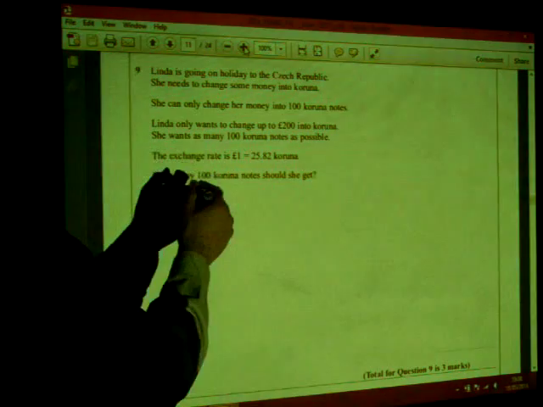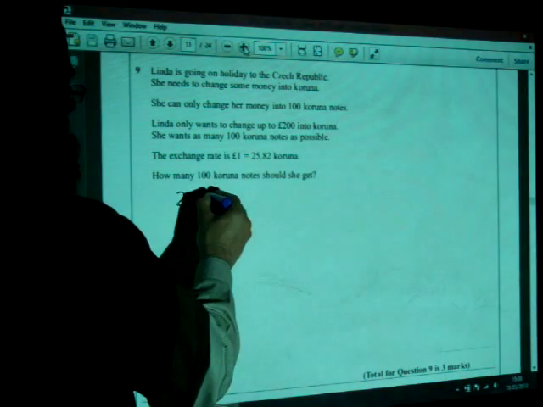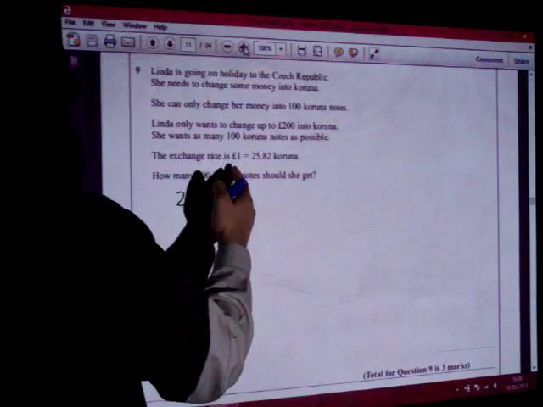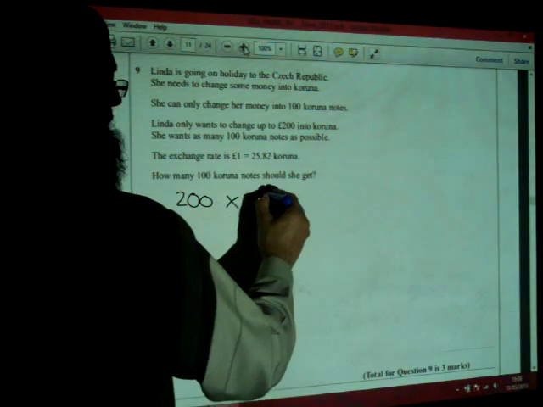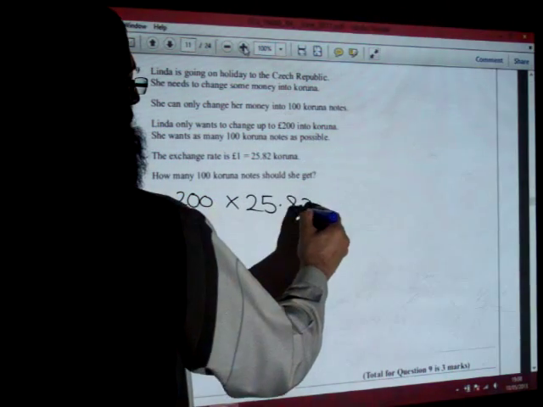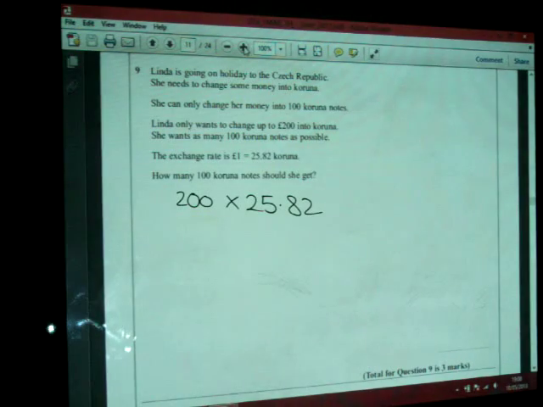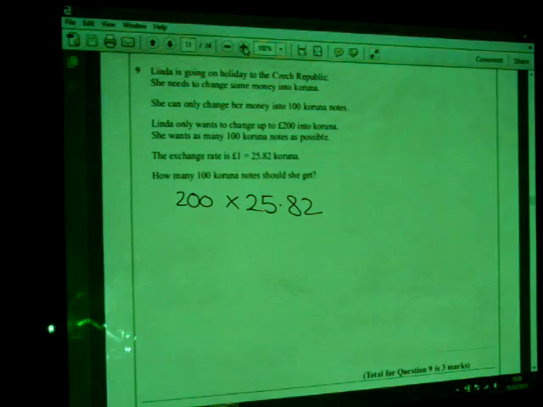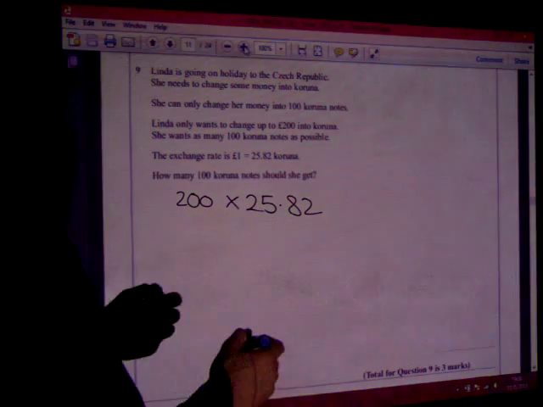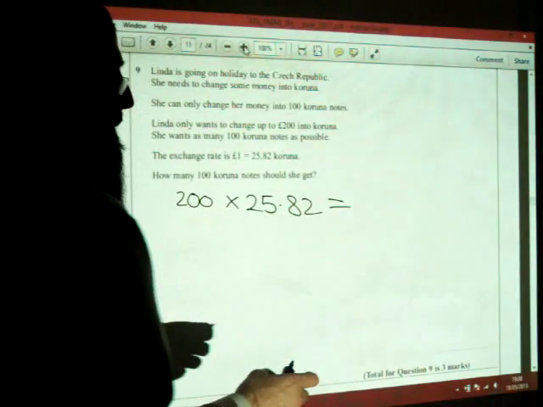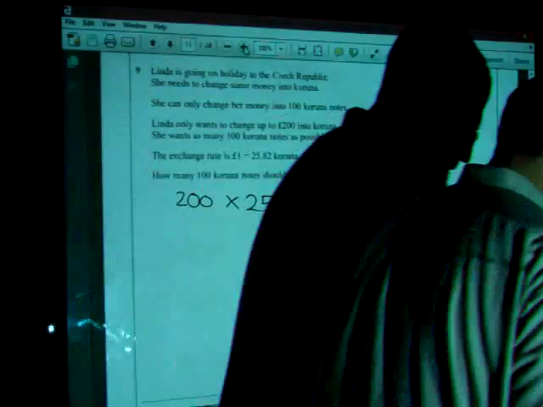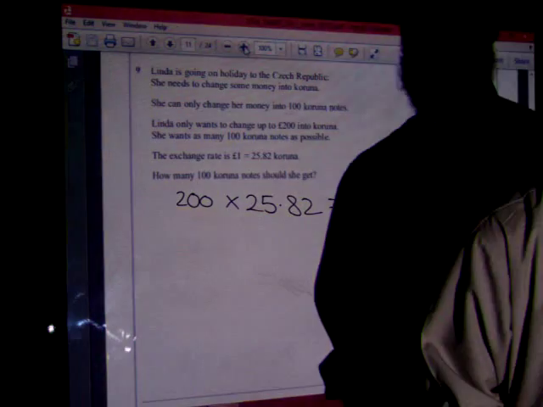So, first of all, let's do that. Write down £200. We've got to multiply each pound by the conversion, which is 25.82. Right, and that will give you an answer of 5164.